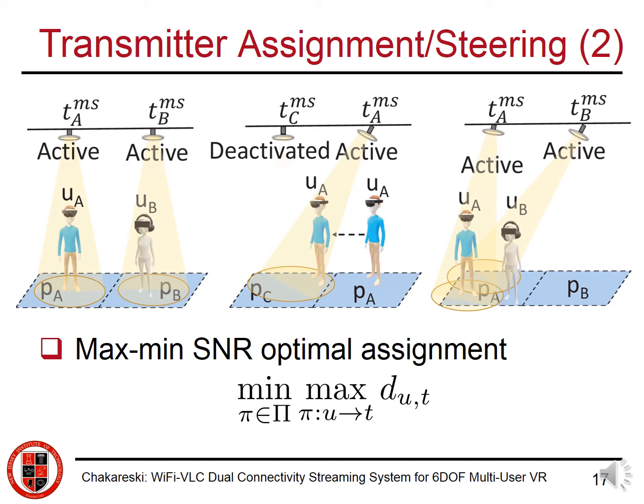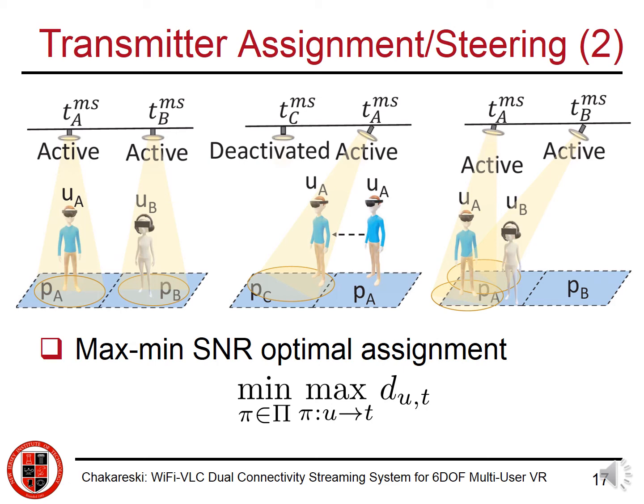As a user moves from one cell to another, its assigned transmitter is tracking the user and basically redirects its beam towards the new location of the user. This is captured by the illustration in the middle. Finally, if it happens that two users are co-located in the same cell, their transmission beams will interfere with each other.